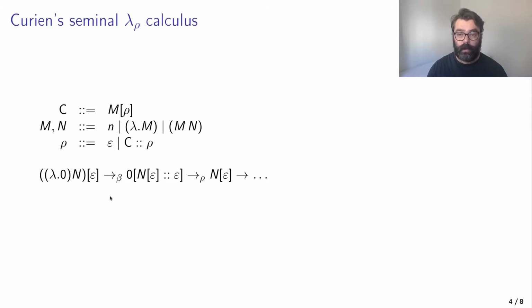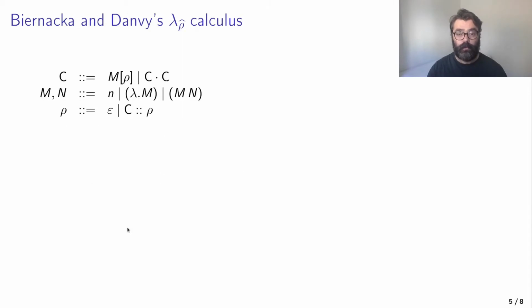This poses some problems when defining a reduction relation which is purely single step. This issue was observed and fixed in Byeong-Mo Chang's lambda hat rho calculus. This variant of Krivine's calculus considers a constructor for closure application that enables the reduction relation to be lifted to the scope of the operator.